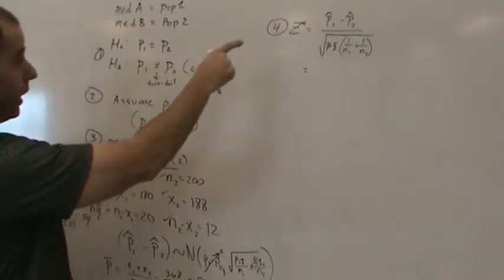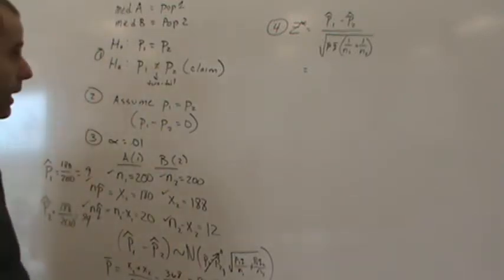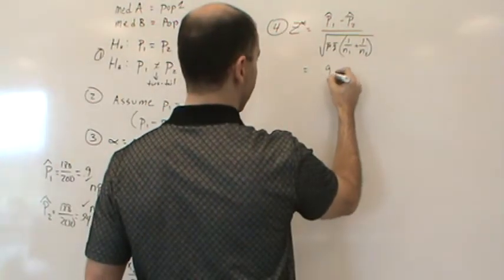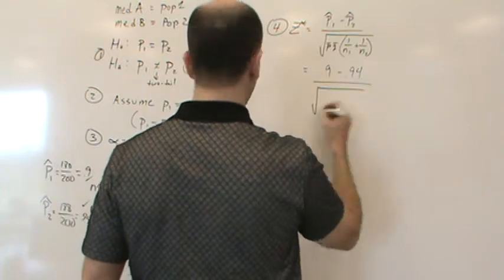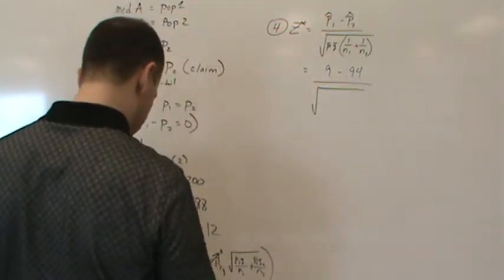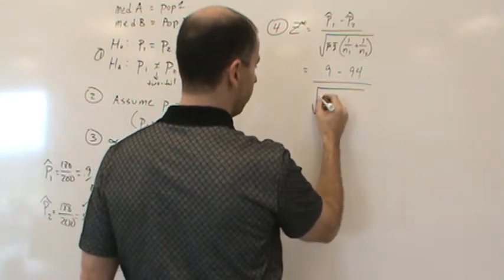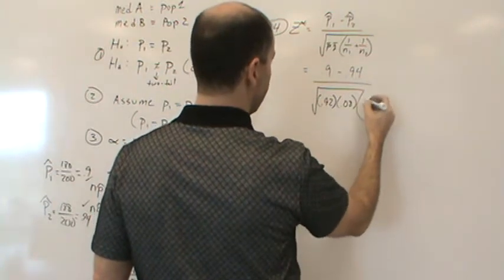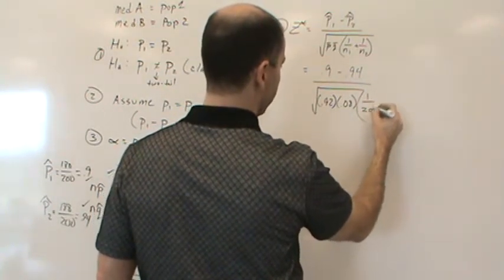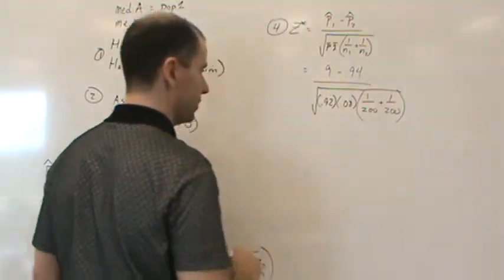So if I do p1 hat minus p2 hat, I'm going to get 0.9 minus 0.94 over the square root of, well, 0.92 for p bar times 0.08 for q bar times 1 over 200 plus 1 over 200, which will make things easier to calculate.